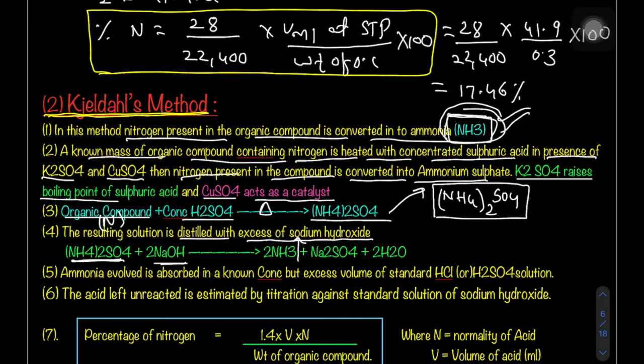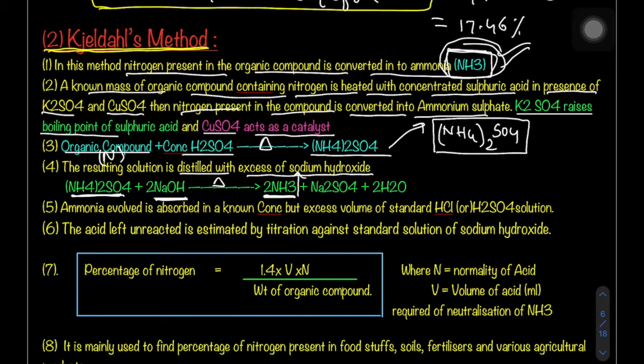In inorganic practicals also, you have the test for ammonium cation. How to identify the ammonium salt? Only with the help of NaOH or KOH. Any alkali which is stronger than ammonia, if you add it and heat slightly, what happens? Ammonia gas is liberated. Ammonia has a pungent, strong smell.